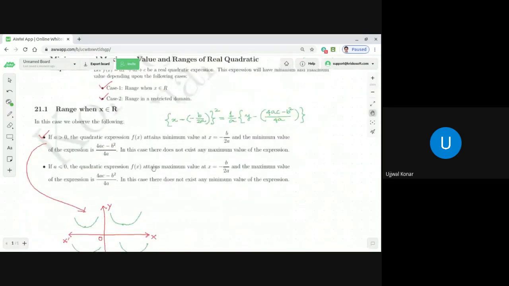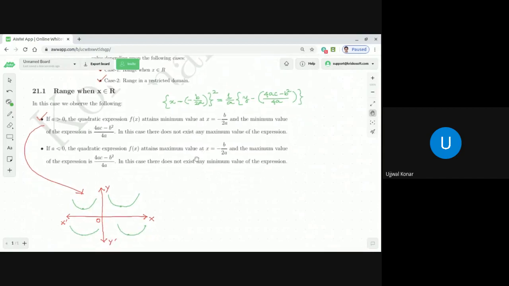Now if you look into it, when a is greater than 0, the curve is flipped upward. So always you see the minimum point, irrespective of what type of curve it is, in whichever quadrant it is, the minimum value is at this point. Means when x is equal to minus b by 2a.